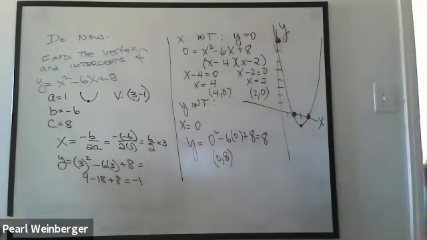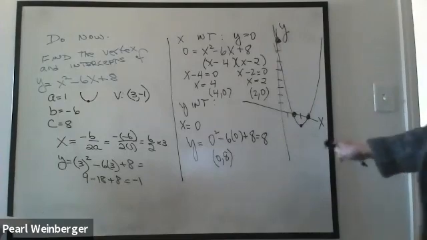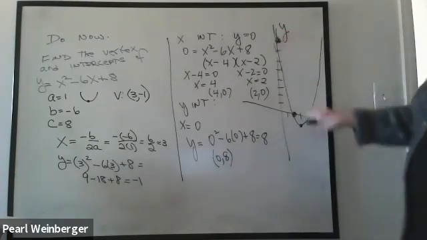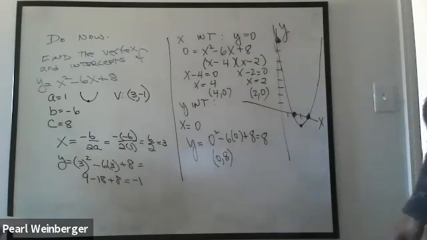And that's what your parabola would look like. Notice we got a good look at it if we just had the vertex, but putting in the x and y intercepts made it a more exact picture.